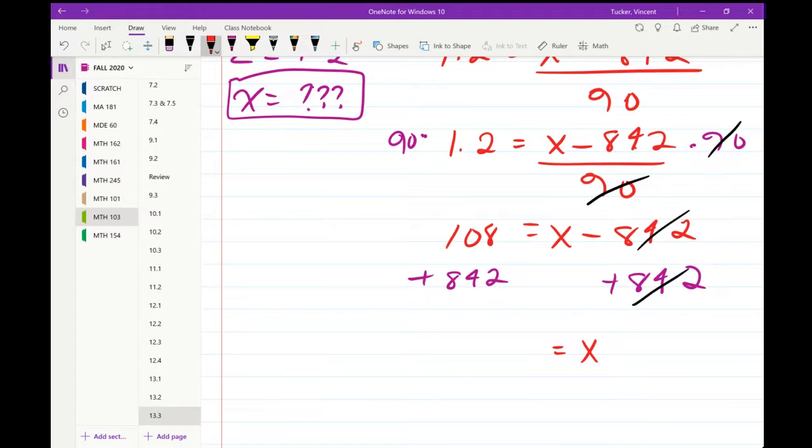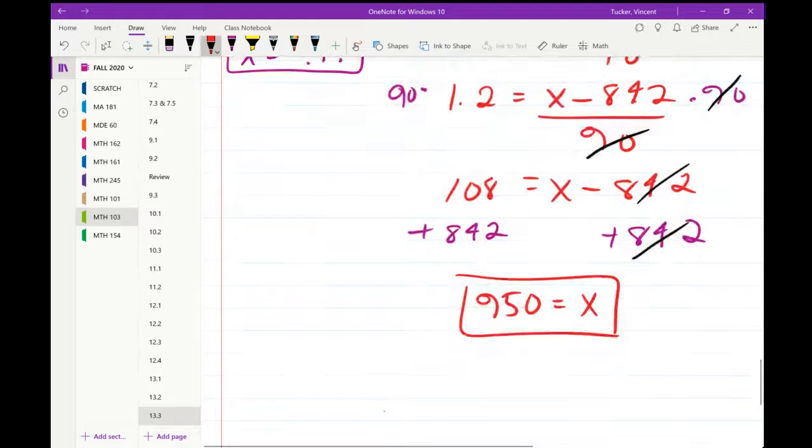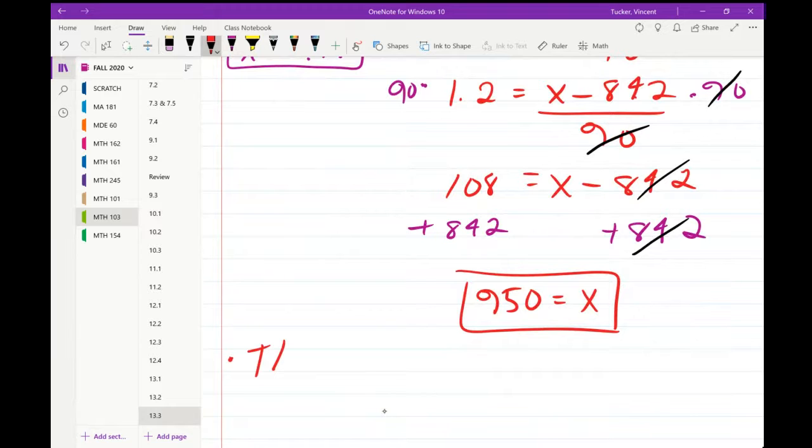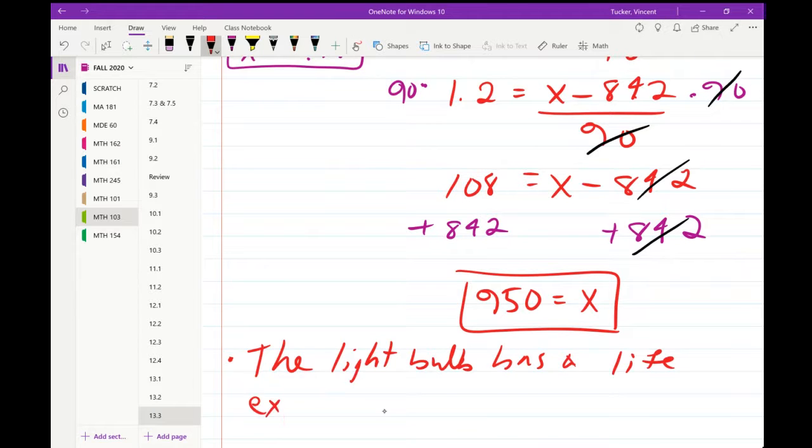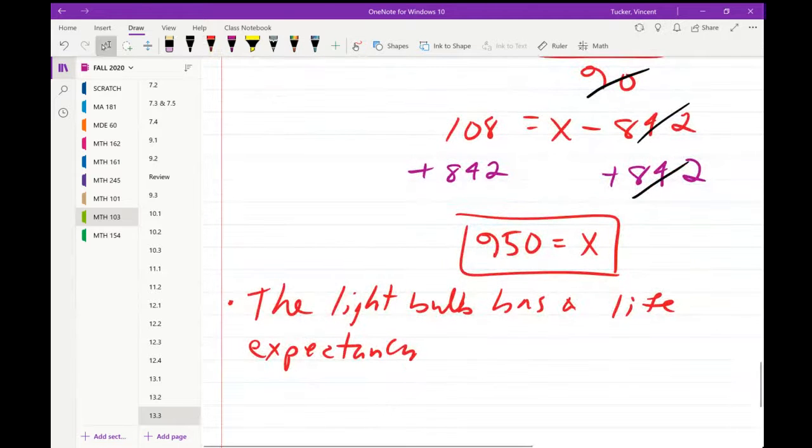X is going to be equal to 950. So the light bulb has a life expectancy of 950 hours.